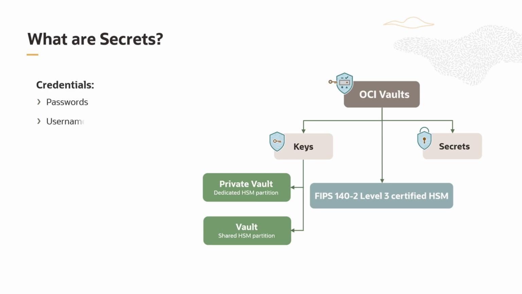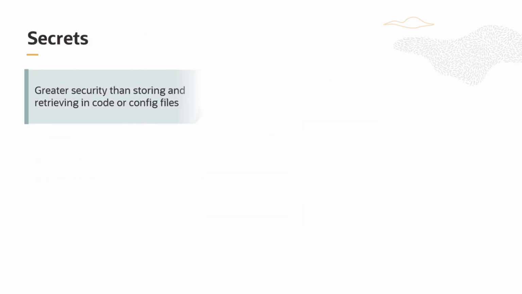Secrets encompass credentials such as passwords or tokens, along with any other confidential data necessary for use with other Oracle Cloud Infrastructure services or external applications or systems. Storing secrets in a vault offers significantly greater security compared to storing them elsewhere, such as in code or configuration files.